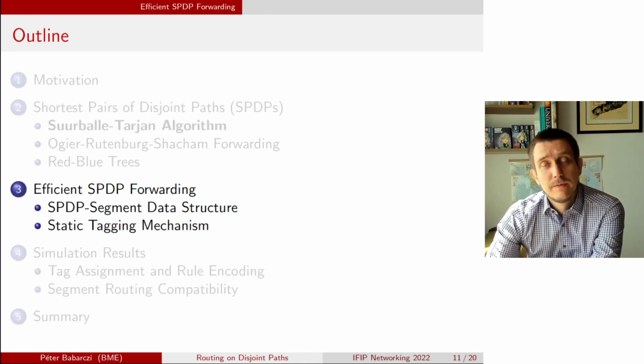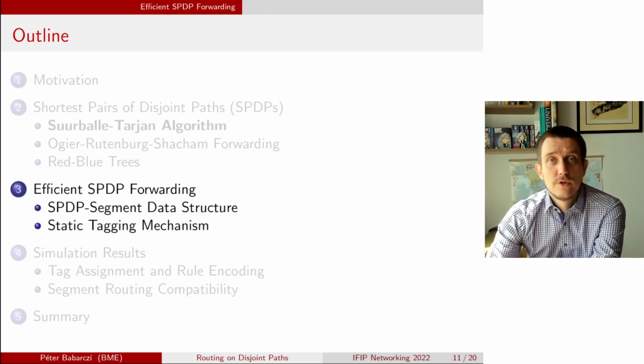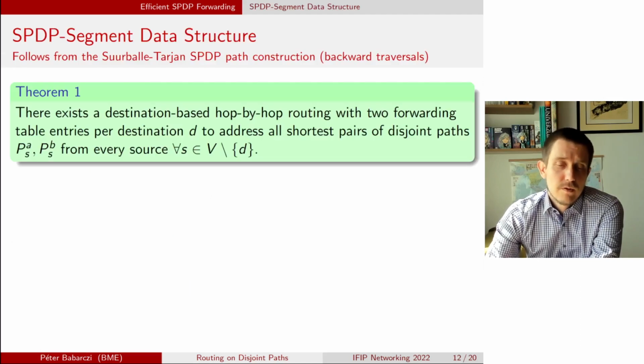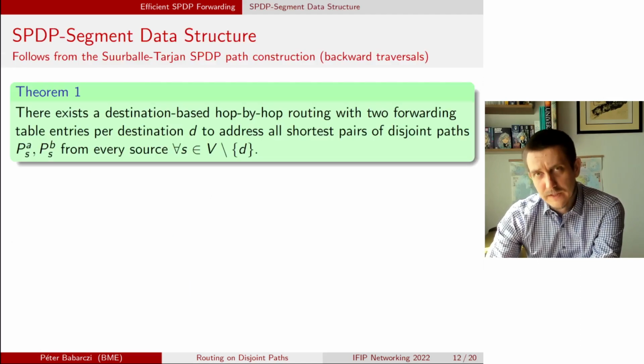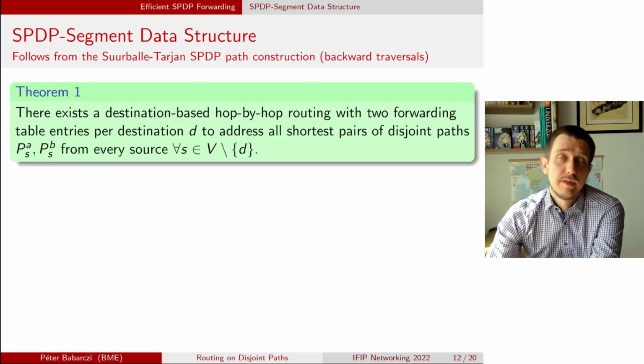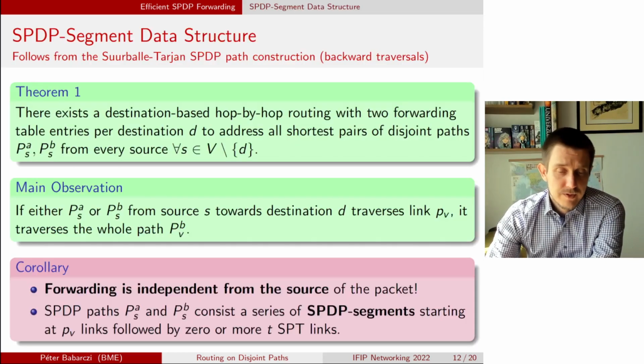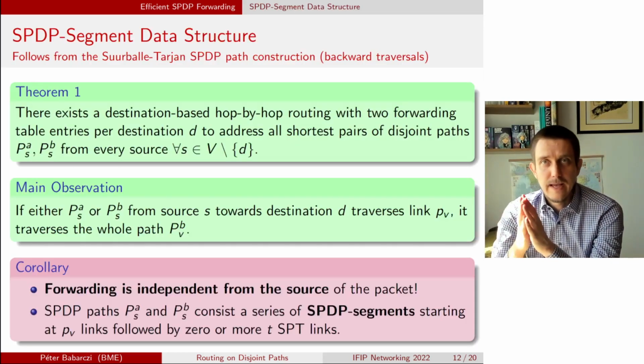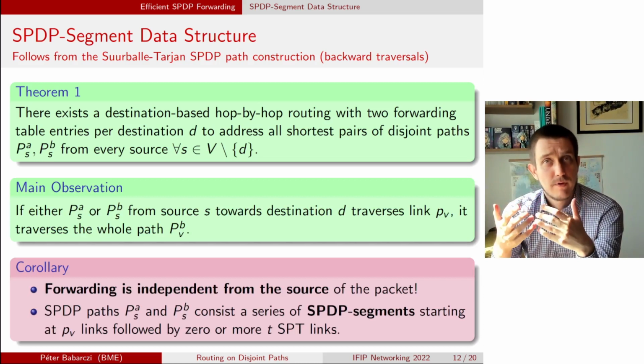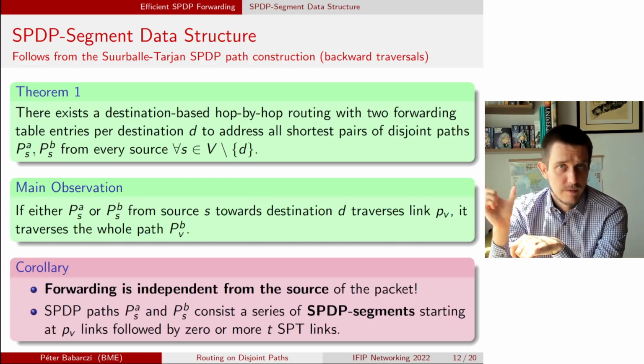So how can we give an efficient solution to route on these shortest pairs of disjoint paths? We showed that it is possible to implement such routing with only two forwarding table entries. This is based on the observation that, based on the two backward traversals we have seen in the Serval-Tarjan algorithm, these paths will consist of segments.